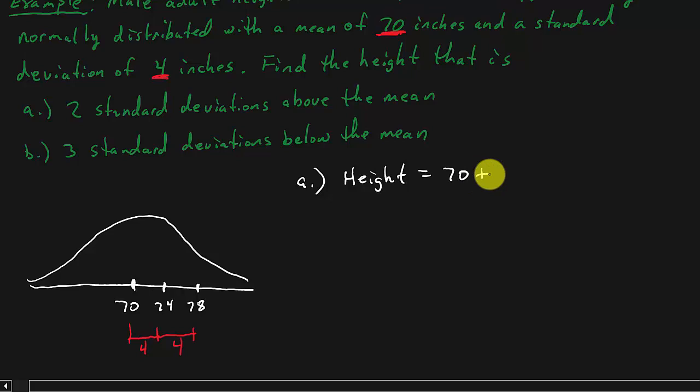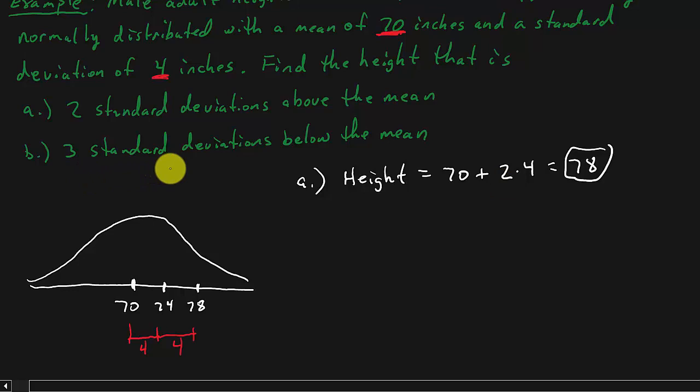I'm going how many standard deviations? 2, right? 2 standard deviations times the standard deviation. So it's the standard deviation times how many standard deviations I'm going above the mean. And so that would give me 78. See, 4 and 4, or I've got 2 4s, so 2 times 4.